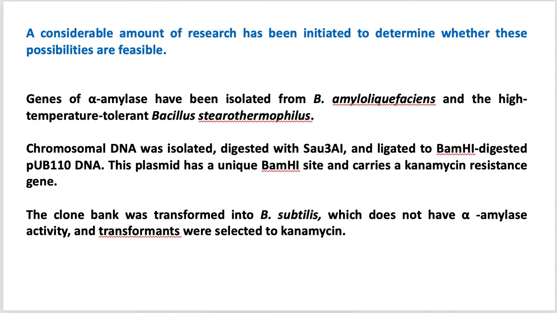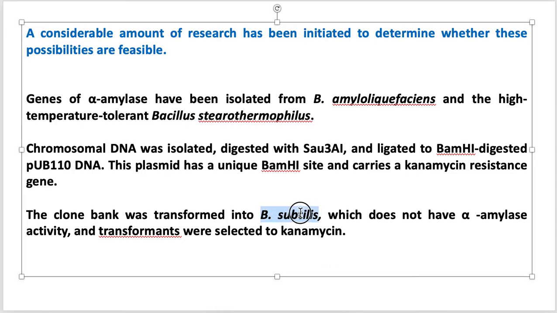For example, Bacillus stearothermophilus is a heat tolerant bacterium, and it produces alpha amylase which is heat tolerant. Scientists have isolated the gene for alpha amylase from this heat tolerant bacterium and cloned it, or transformed it, into Bacillus subtilis. Now this recombinant bacterium produces the alpha amylase which is heat tolerant.